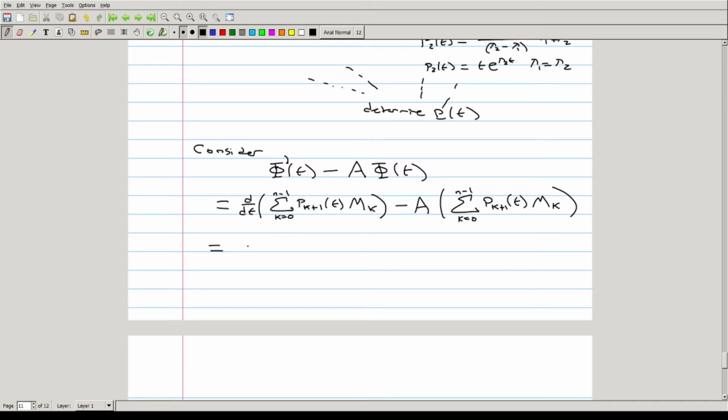This is the same thing as the summation from k equals 0 to n minus 1 of p_{k+1} prime of t times the matrix M_k, minus the summation from k equals 0 to n minus 1 of p_{k+1} of t times the matrix A times M_k.